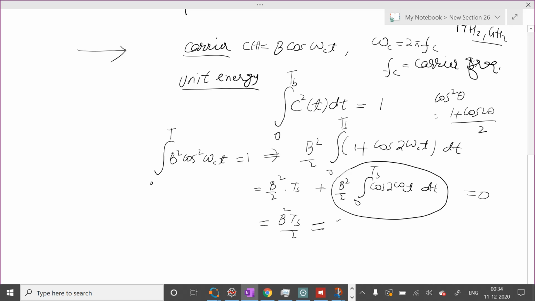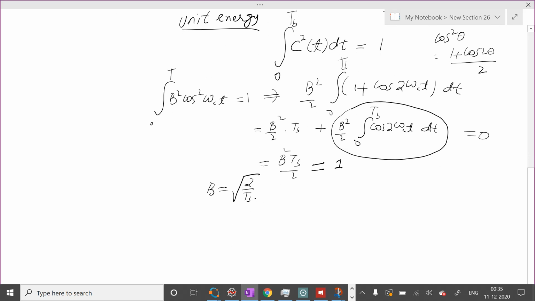We want this to be 1, so we have to choose b to be root of 2 over tb. Okay, now hence the carrier signal can be represented as root of 2 by tb cos omega ct.